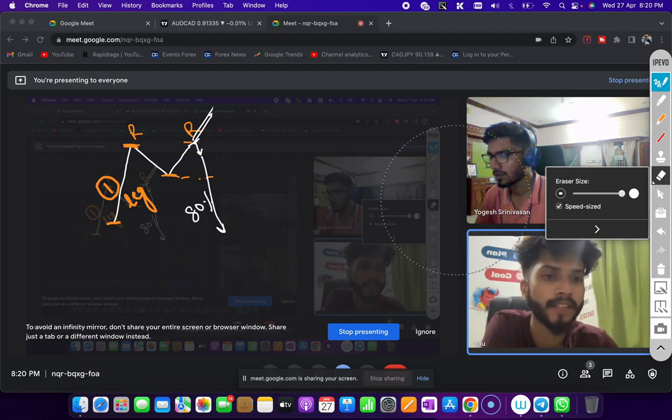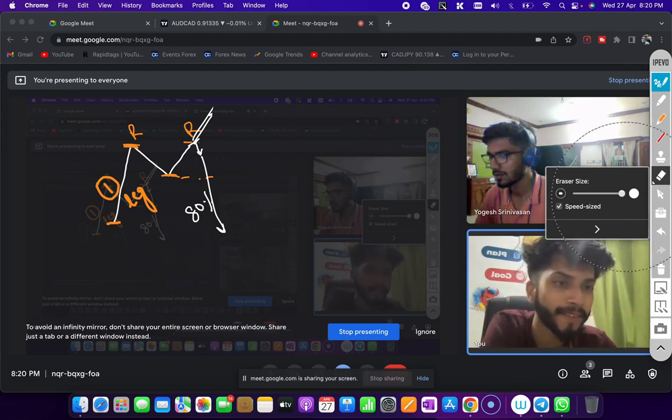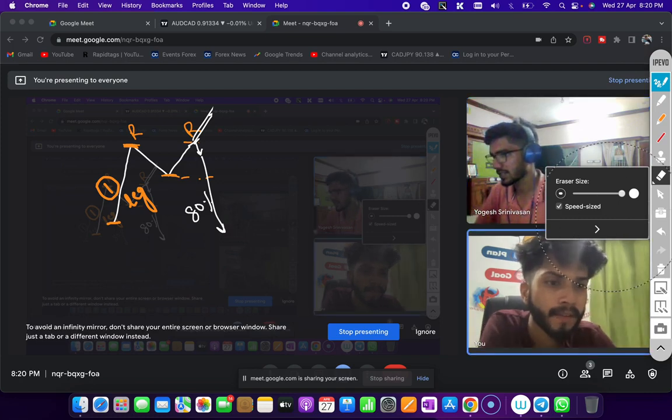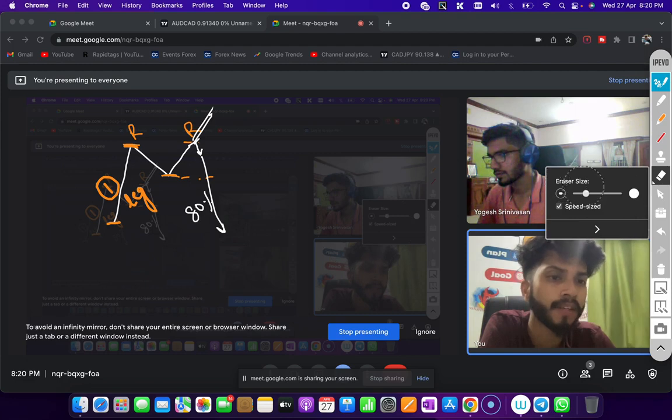I guess I have selected some large size eraser and it is not working. I think you can reduce the size. Let me see if I can do that. Okay, the eraser is itself clicking on that. Okay, great.